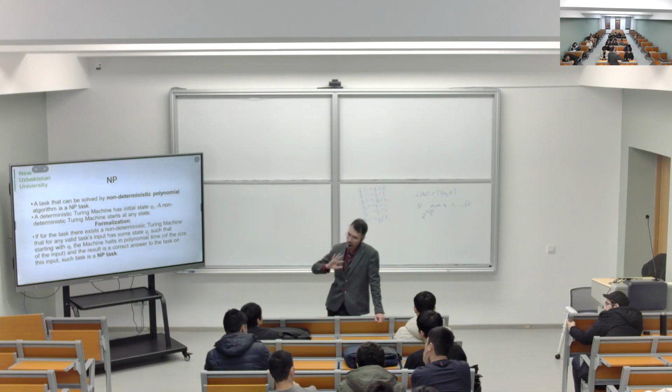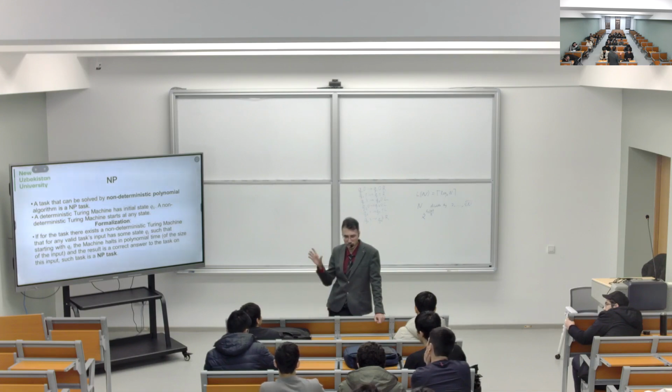They cannot solve any non-deterministic polynomial algorithm, but they can solve some of them. For some tasks, you can develop an algorithm for a quantum computer that can go from all the states at the same time. That's how it works, because we have entanglement in quantum computers.